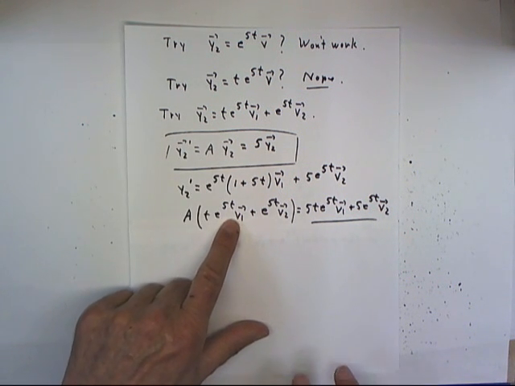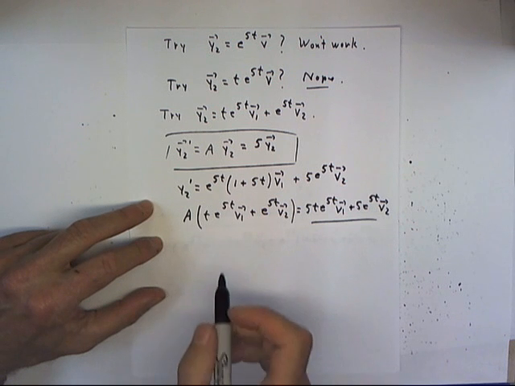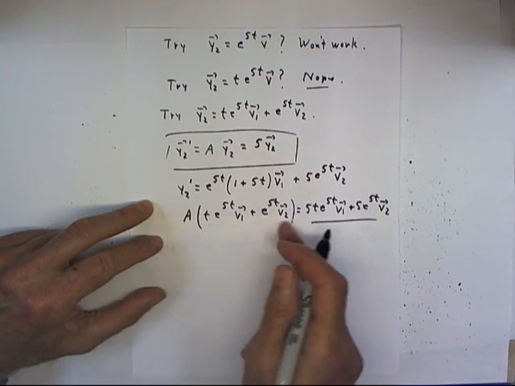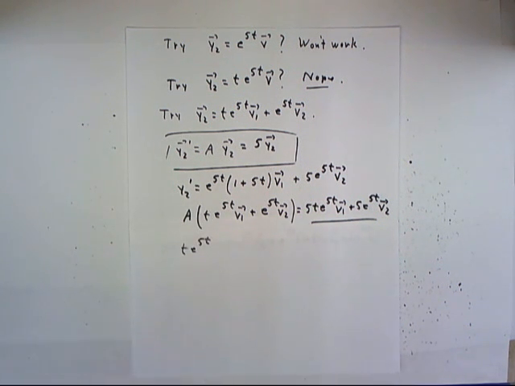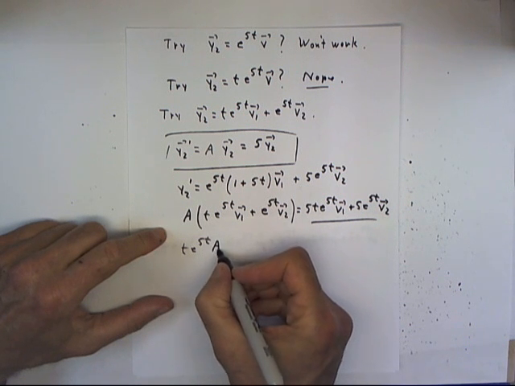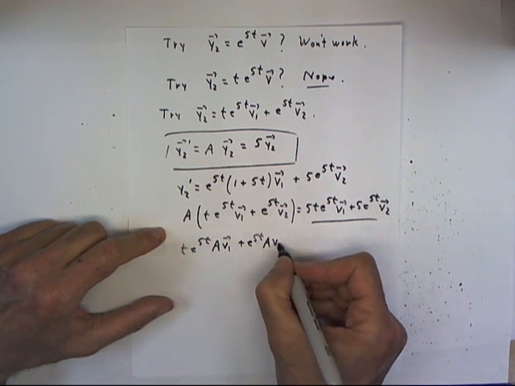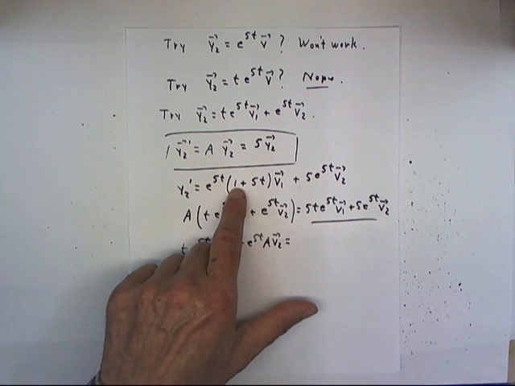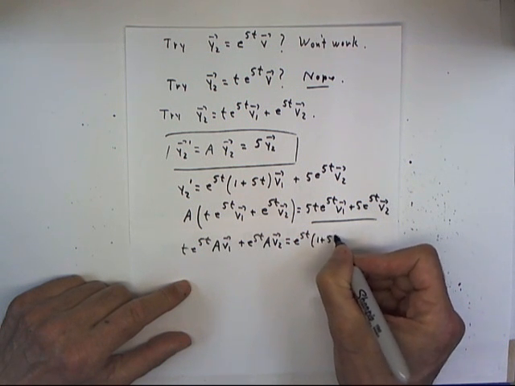Setting this matrix product equal to this vector, and doing a little bit of manipulation with the matrix product, specifically factoring out the constant functions and using the linearity of the matrix, this matrix product becomes t e to the 5t times A v1 plus e to the 5t times A v2, and that should equal this y2 prime expression, which is e to the 5t times 1 plus 5t times v1.